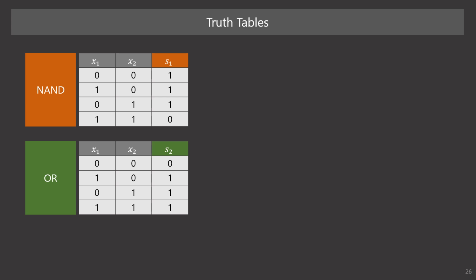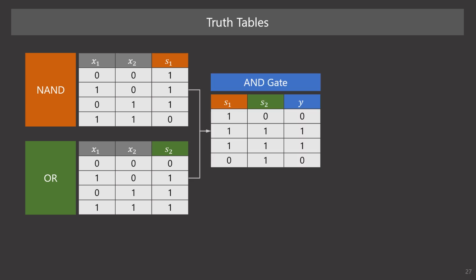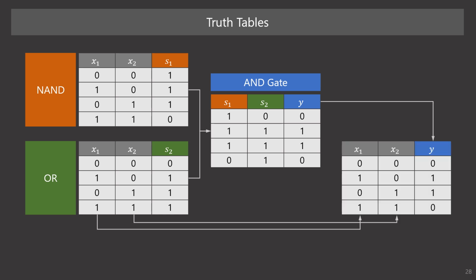Next, input x1 and x2 to OR gate and get the outputs named S2. Then, input S1 and S2 to AND gate. We can get the final outputs Y. We can see that the relationship between the initial inputs x1 and x2 and the final output y can be summarized by this truth table that represents an XOR gate.